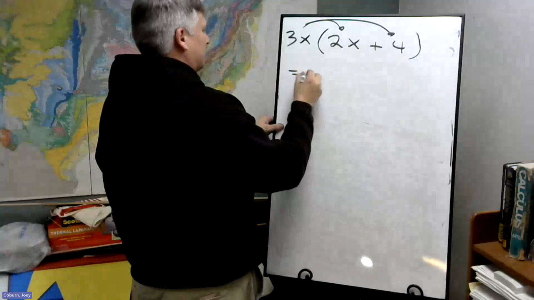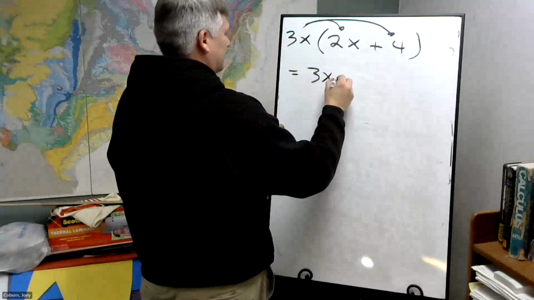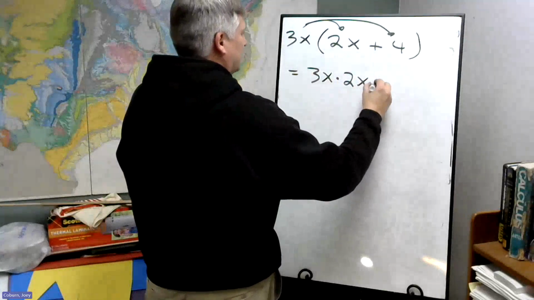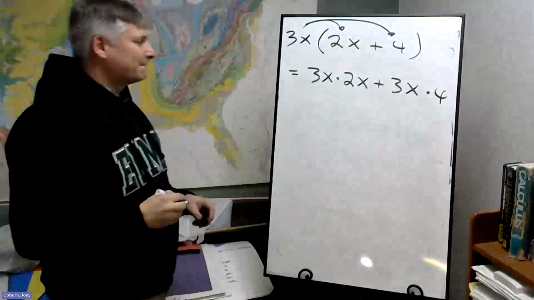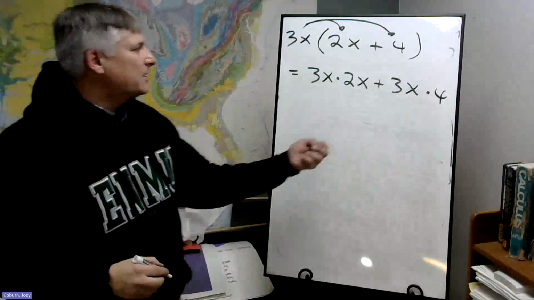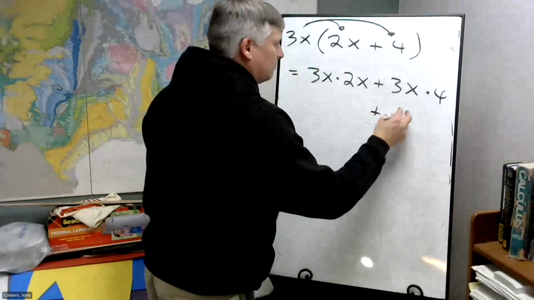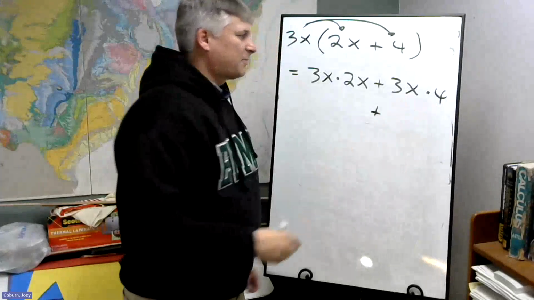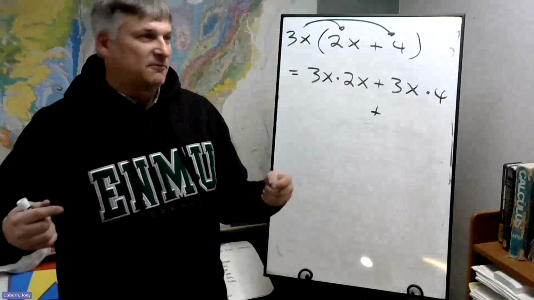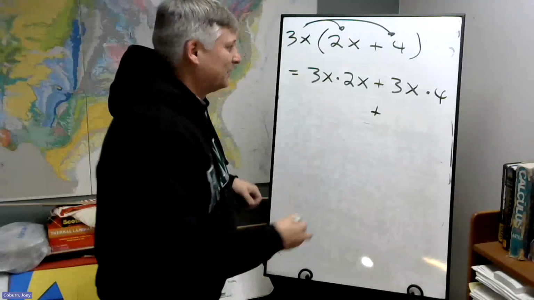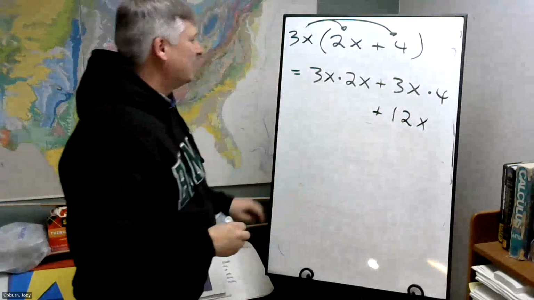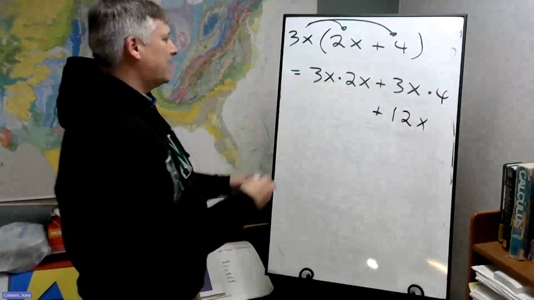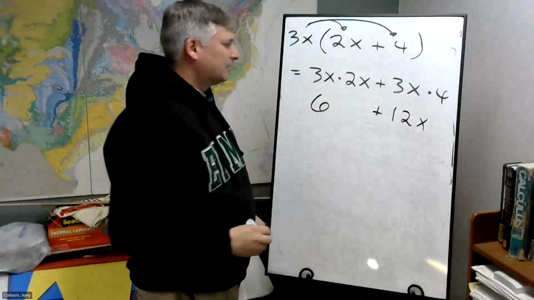And what we'll get, 3x times 2x plus 3x times 4. Now, here, what we're going to get, multiply the numbers. It's like you have 3x's and you have 4 3x's. So you get a total of 12x. And the 3 and the 2 multiply to give us a 6.